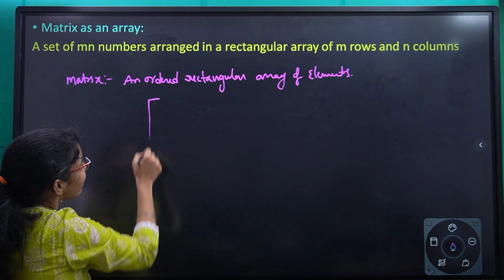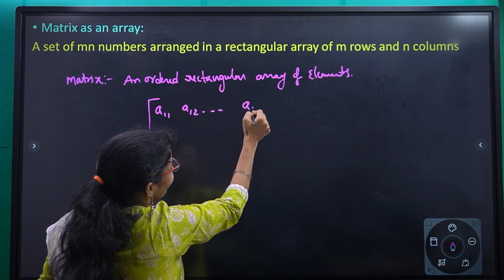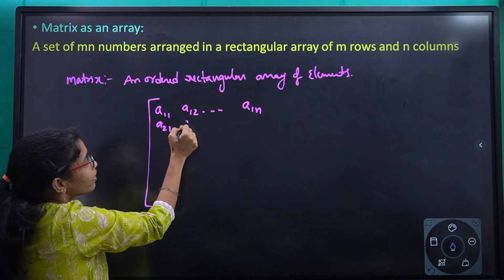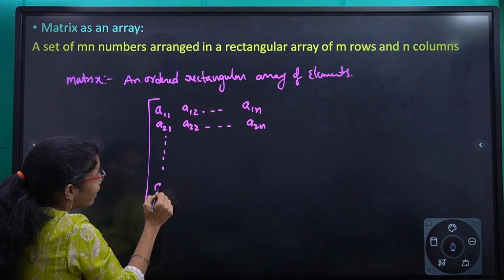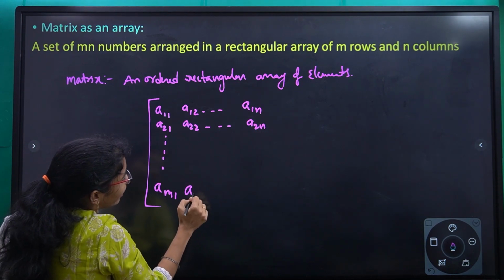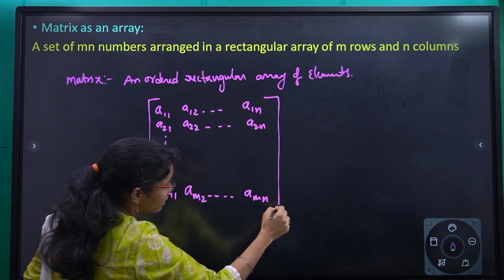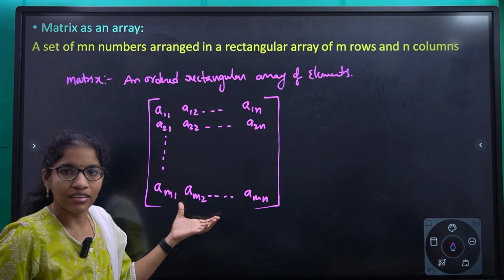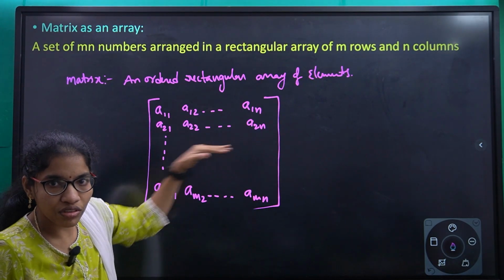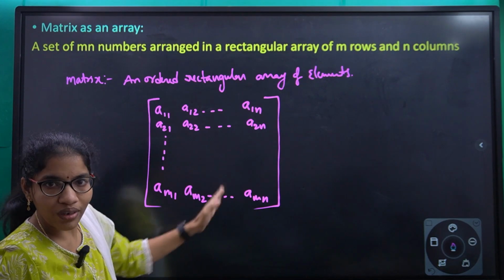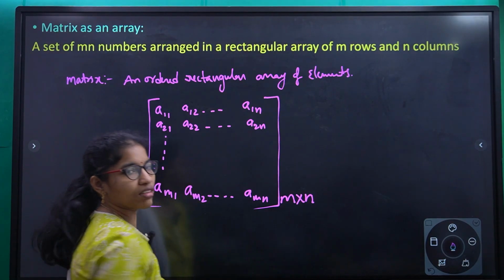Suppose I am taking a11, a12, up to a1n, and a21, a22, up to a2n, and am1, am2, up to amn. This is the representation of the matrix. This is a rectangular array of m rows and n columns, so you can call it an m by n matrix.